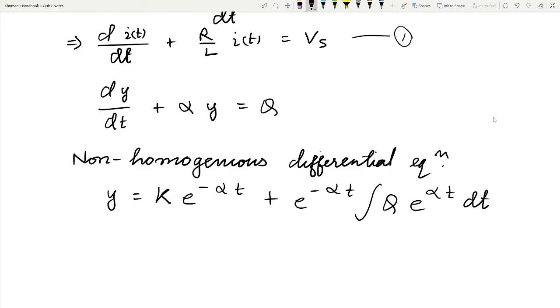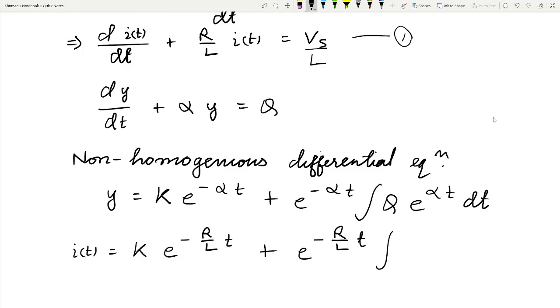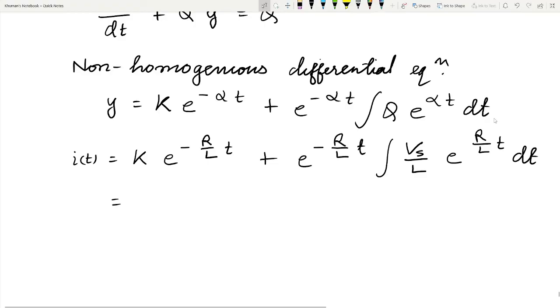So after comparing, we can write the solution of this equation 1 as i(t) equal to k e to the power minus R by L t plus e to the power minus R by L t times the integration of Vs by L e to the power R by L t dt. Then we can solve it.